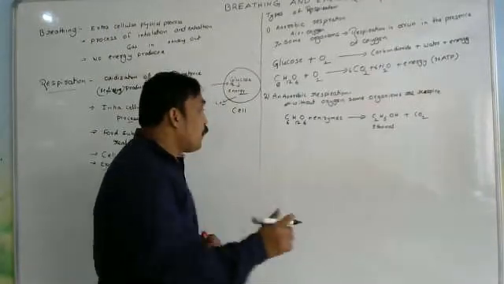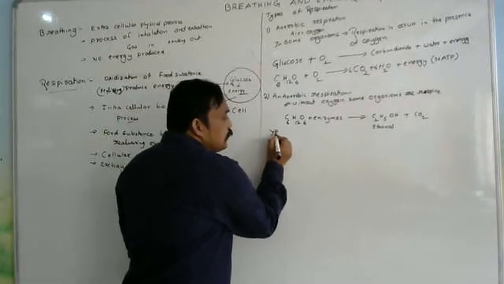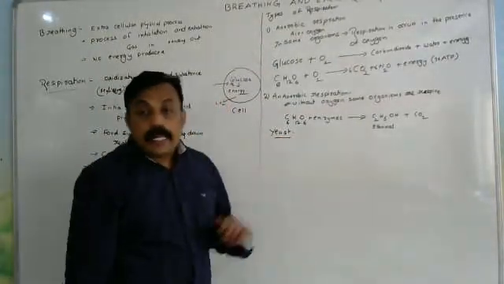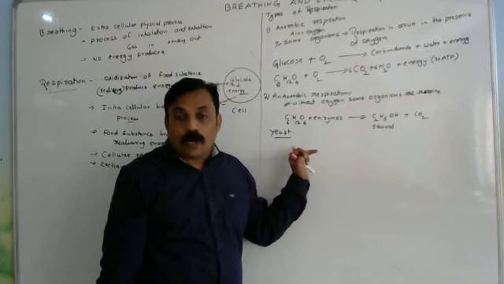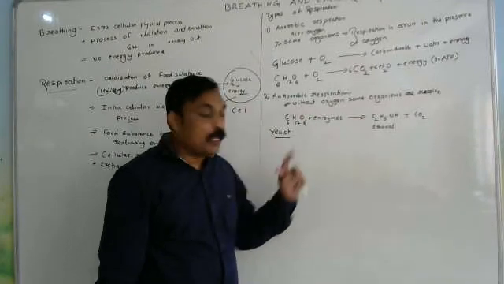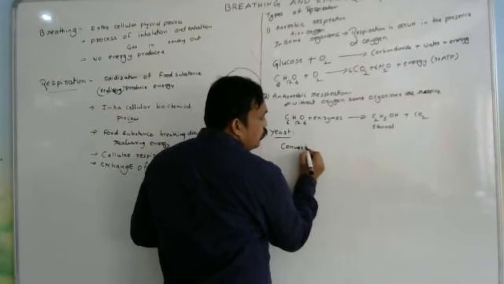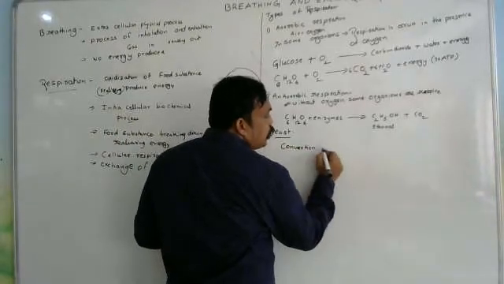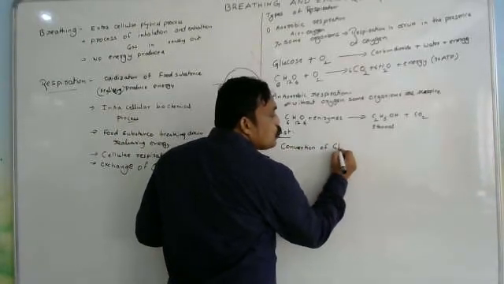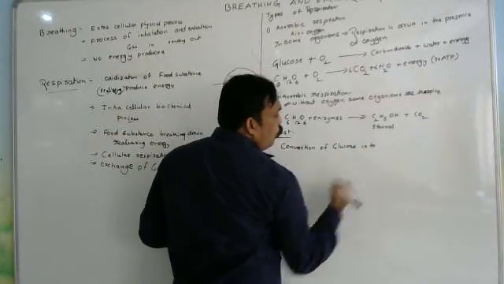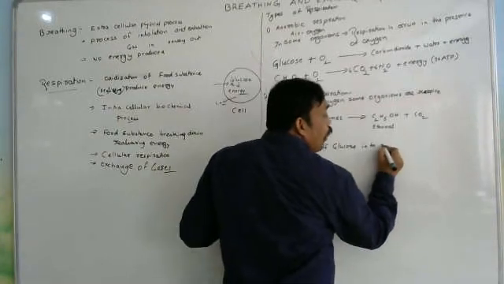For example, yeast. Yeast is a fungus. Yeast converts glucose, conversion meaning changing, into ethyl alcohol.